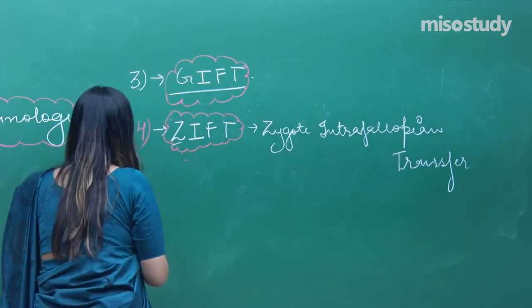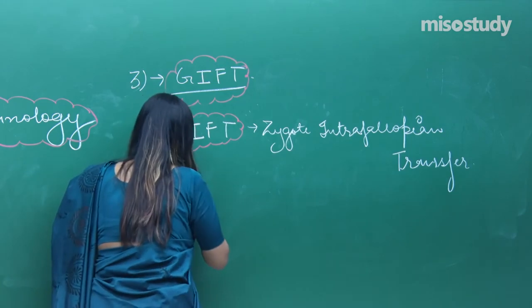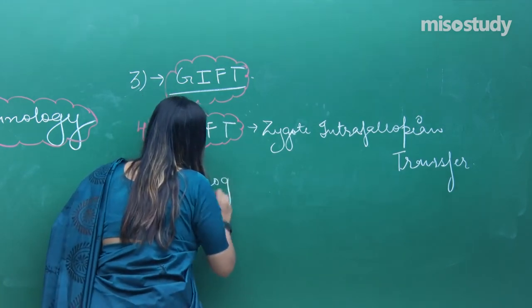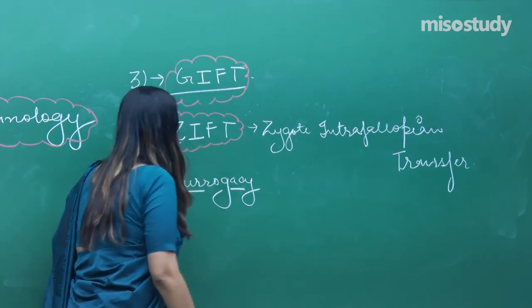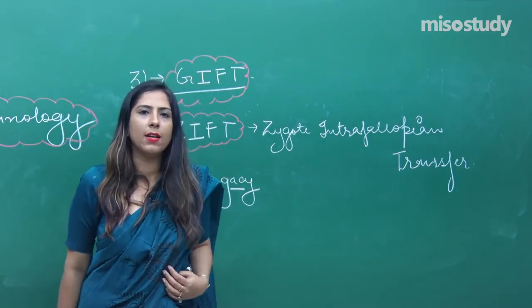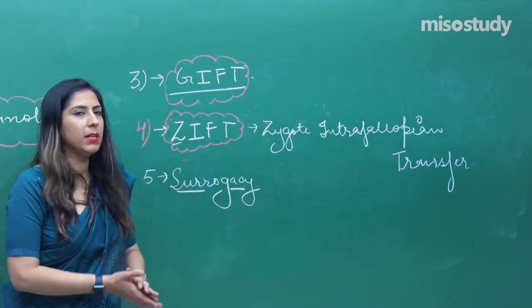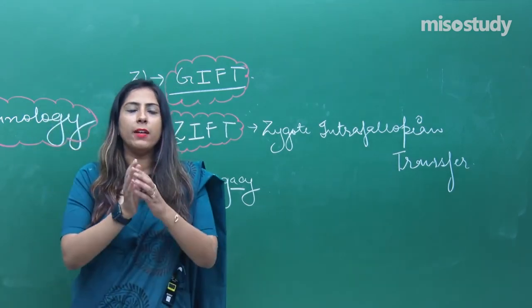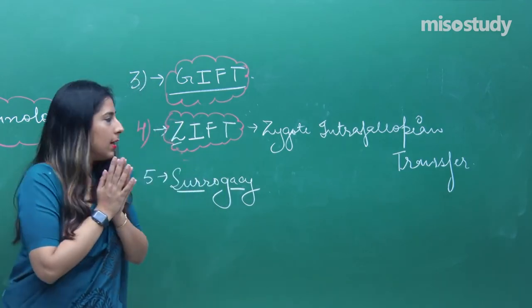Next, a couple can go for surrogacy. Surrogacy is banned in India. Somehow, some laws are about to ban it in India. It's not actually banned. And surrogacy means we look for a female who can carry the baby for 9 months.